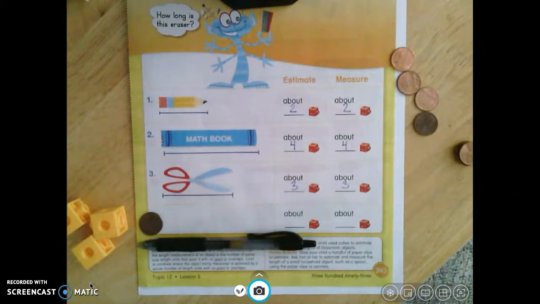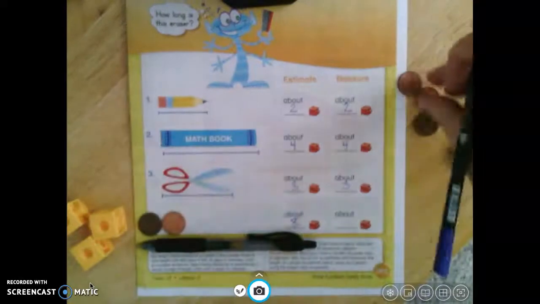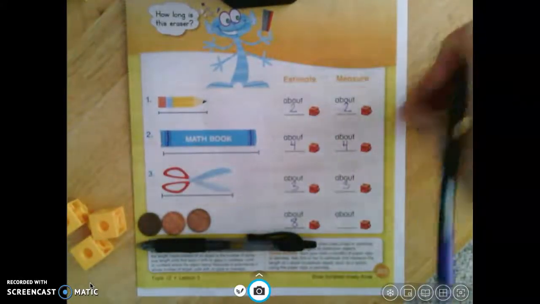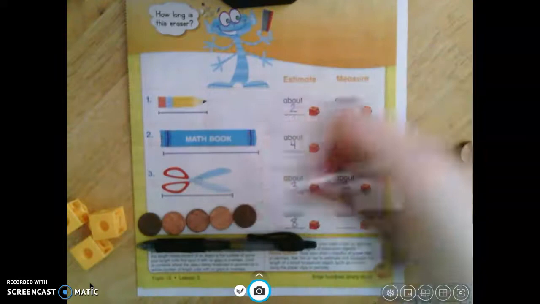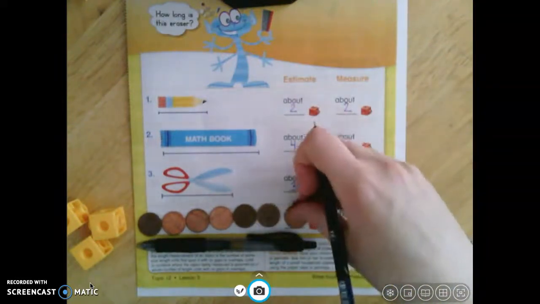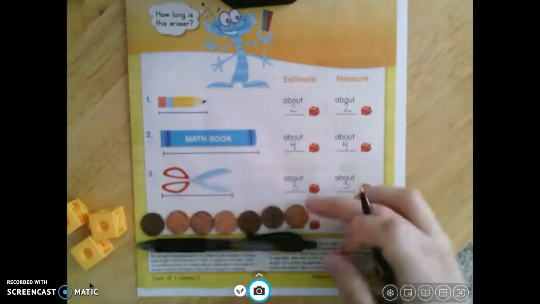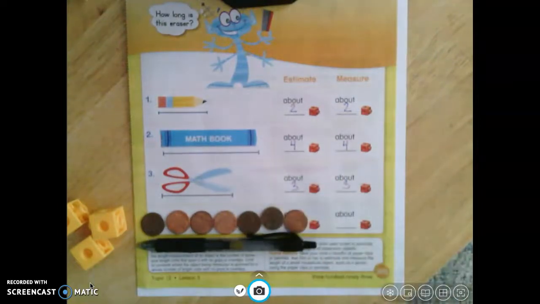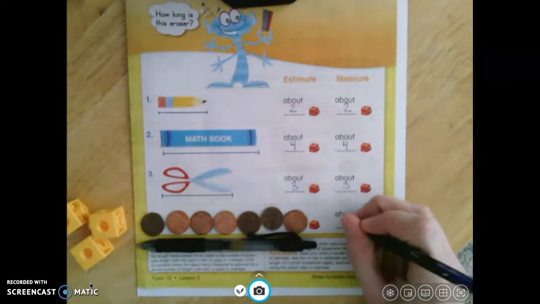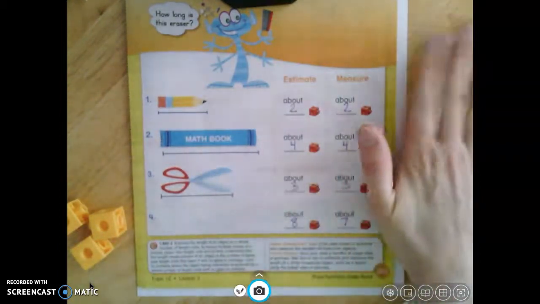Putting my penny down, I think the pen is probably about 8 pennies long. I think it's really more like 7 when I measure. But was 8 a good estimate? It was pretty close to the actual length.